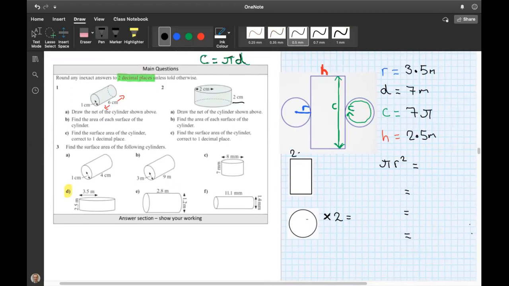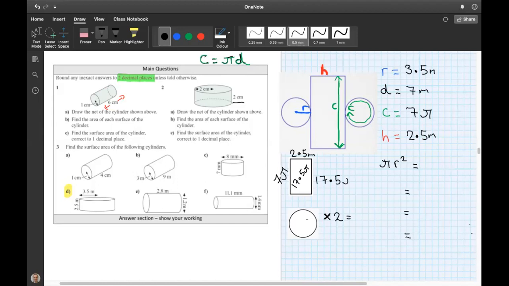You're now ready to start labeling. We had 2.5 here. We had 7 pi here. Multiply those two together. We've got 7 pi multiplied by 2.5. That will give you 17.5.